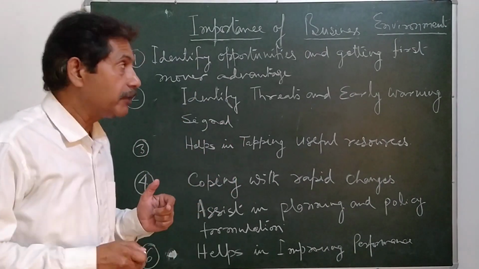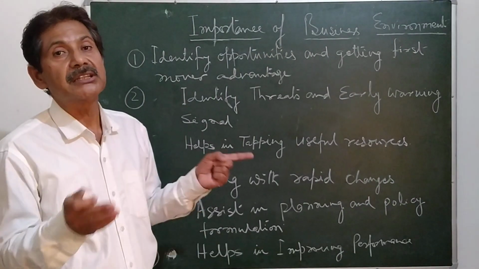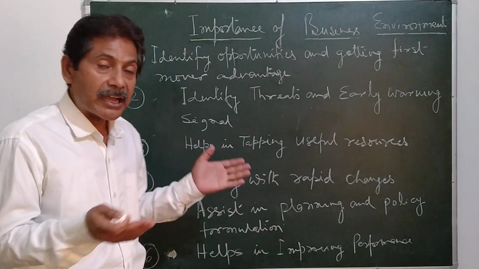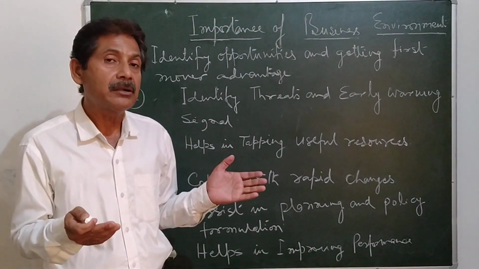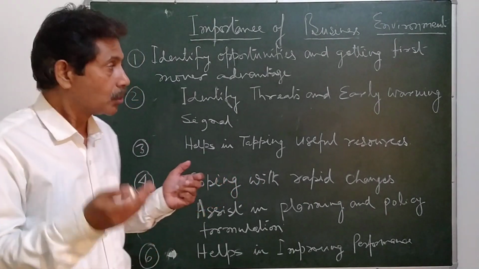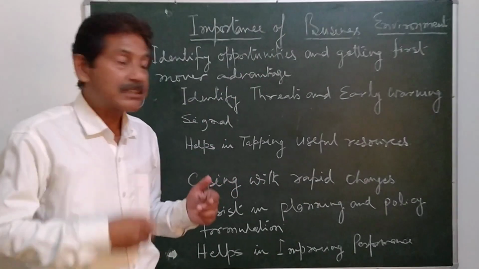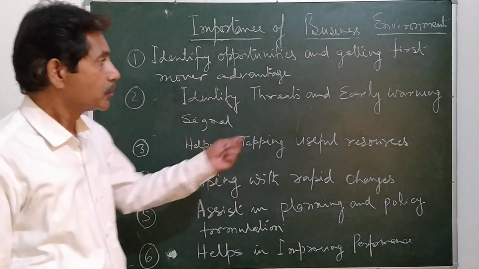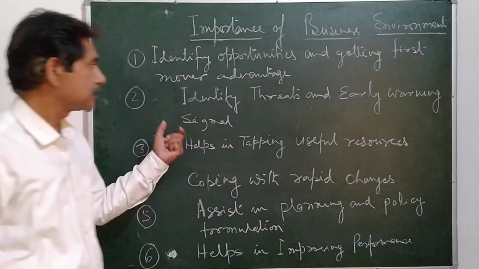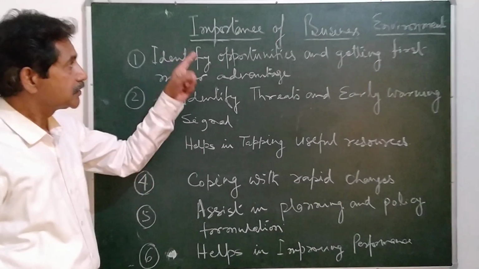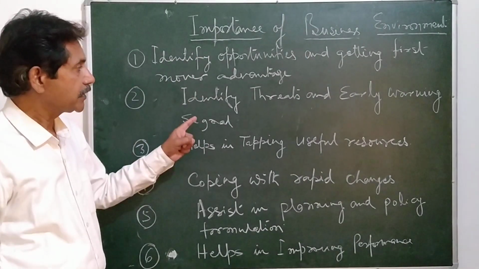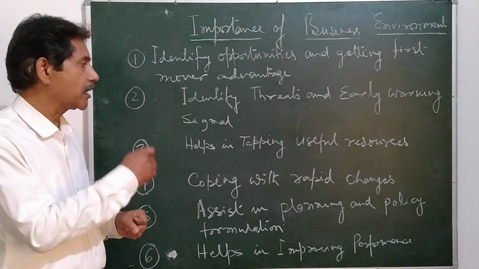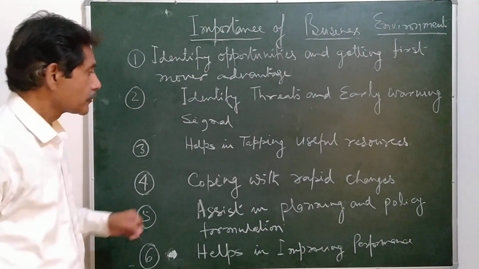This is possible only when you study business environment. If you don't have any idea about business environment, or you are not aware or do not understand the business environment, it is not possible for you to get that early warning signal. So, business environment helps in identifying threats and early warning signal.